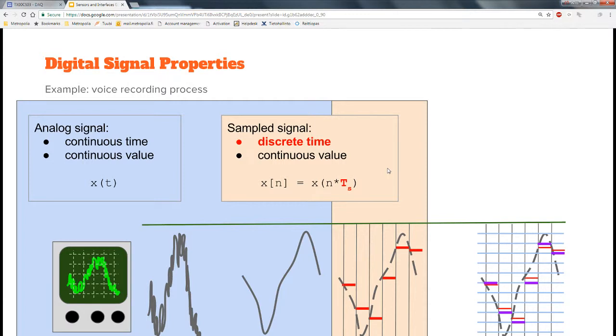And this is the most common way of doing the sampling. You have a constant sample time, meaning constant sampling frequency. You can also do sampling as you please, but then you cannot make any sense out of the signal other than, okay, the value was that.